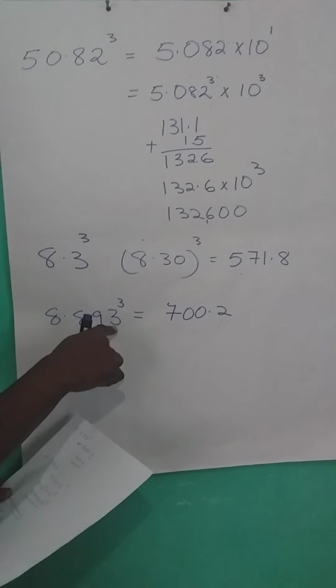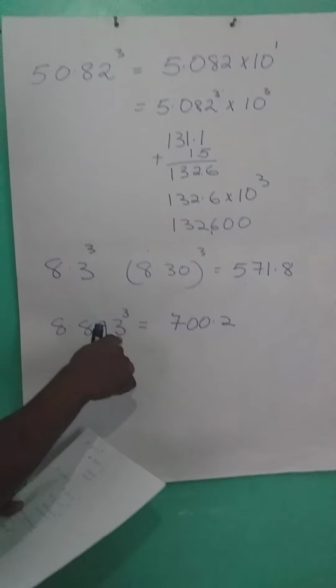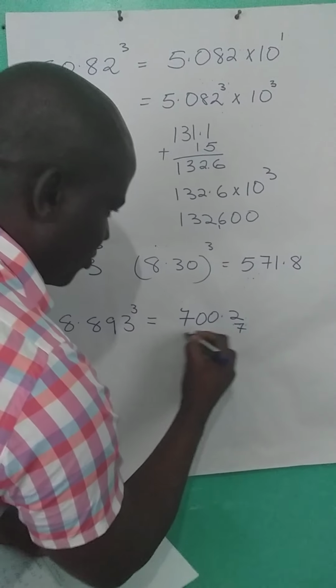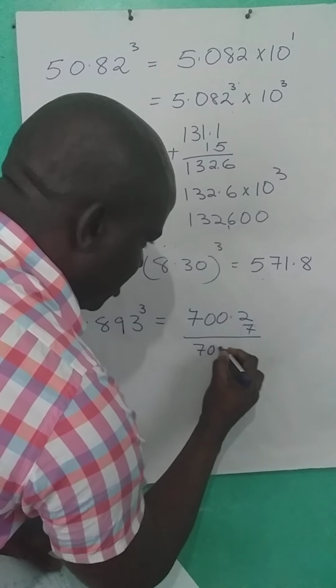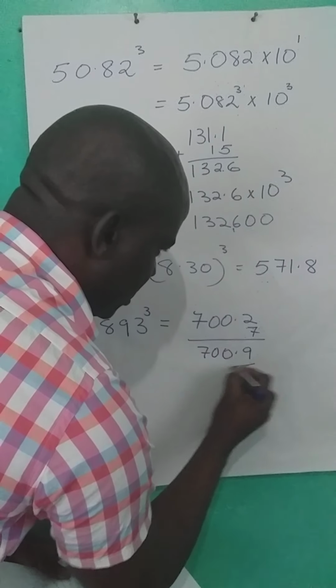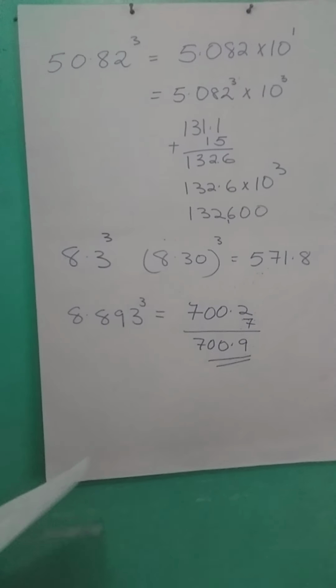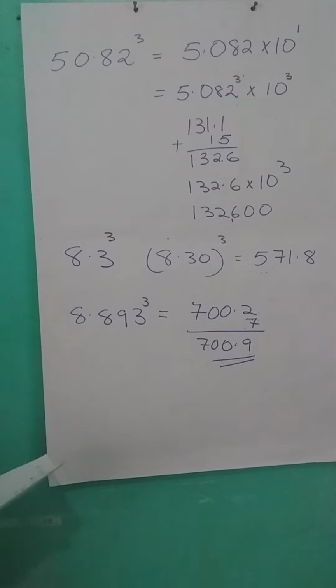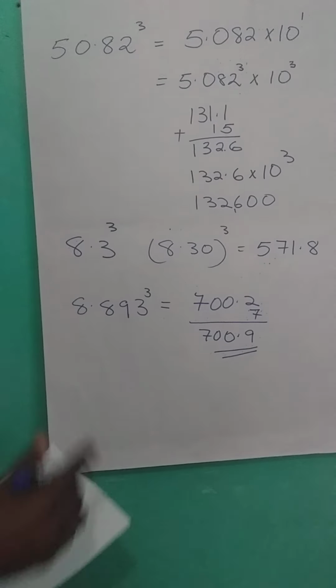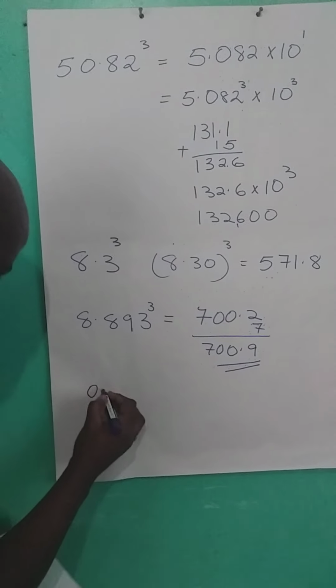Then under the add column, we are going to add 7, and we'll get 700.9 as the cube of 8.893.